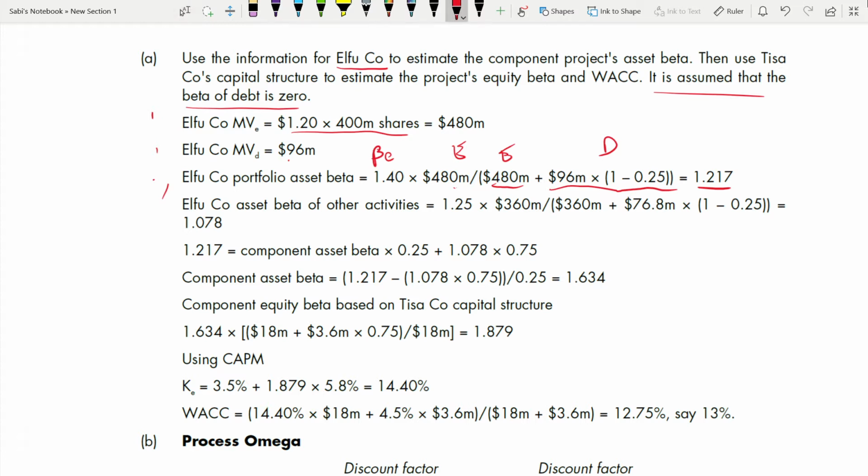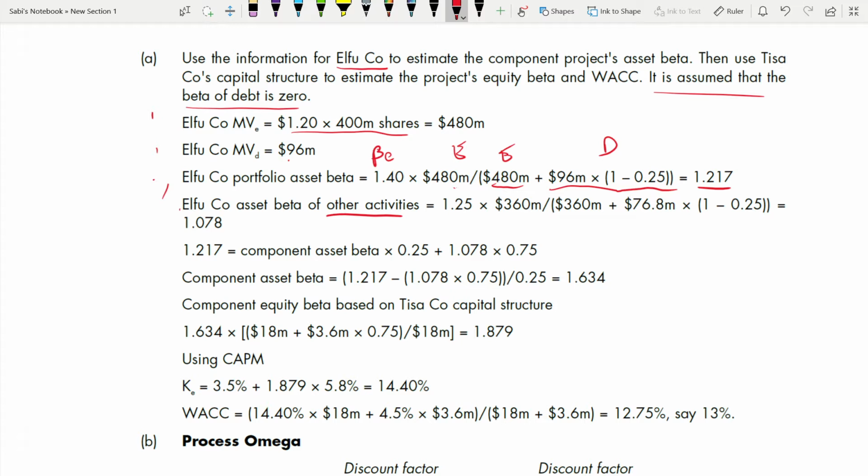So L4 company's asset beta of other activities, right? That we can find out because we have been given the equity beta of other activities. Just check here. If you try to find the asset beta of component activities, you will not be able to solve it. This is the mistake people make. You should know what step comes after what.